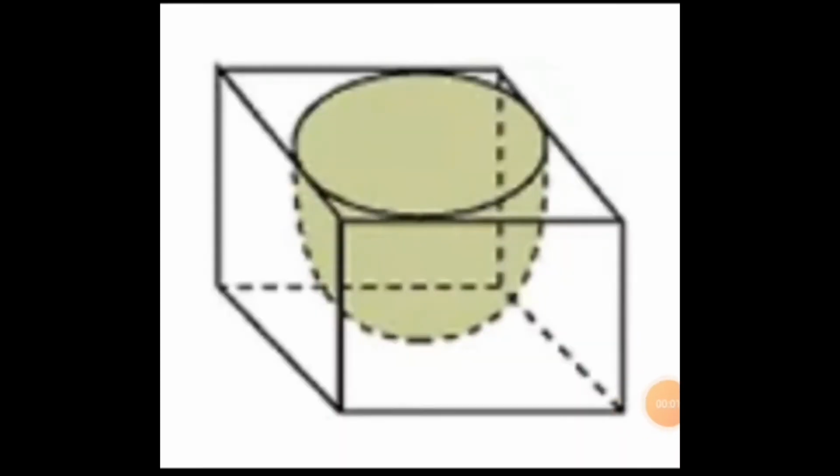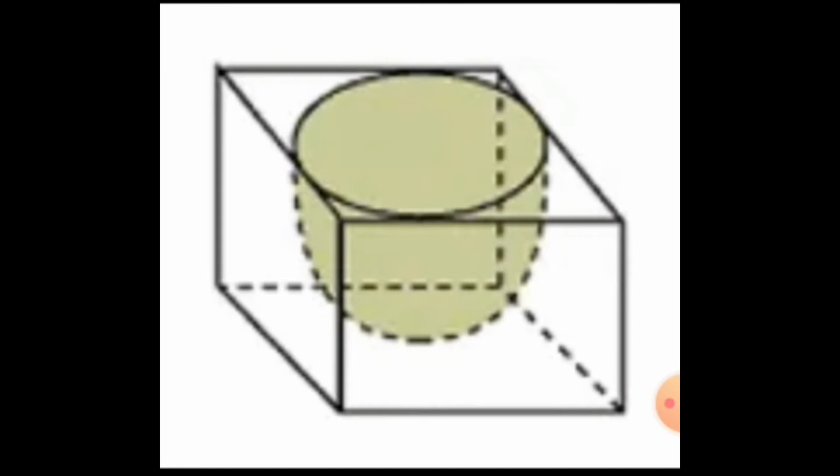Okay friends, in this question we are given a cube, and at one surface of this cube there is a hemispherical depression which is drawn in this cube. I think with the figure it is clear that at the top a hemispherical shape is dug from this cube.